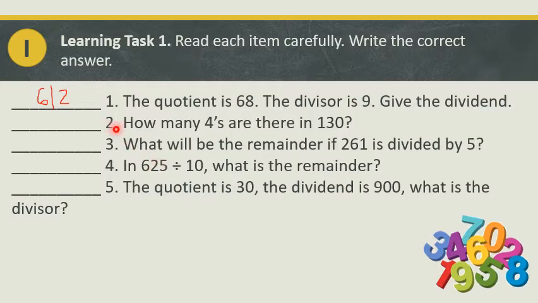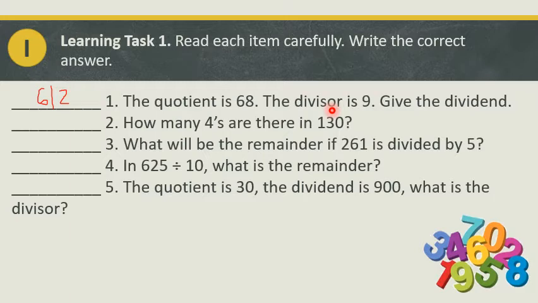How about number 2? How many 4s are there in 130? So, ilan daw 4 meron sa 130? Sa 120, we already have 30 na 4s. So, ilan kaya sa 130? You just have to divide 130 by 4. Or pwede mag-skip count kayo. Kung medyo masipag-sipag, pwede kayo mag-skip count by 4.